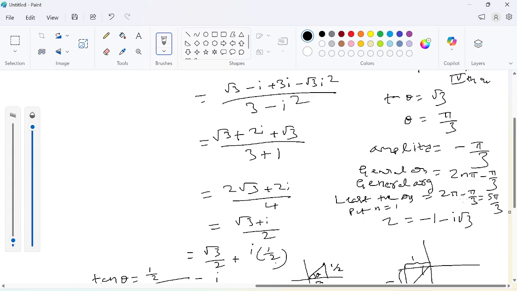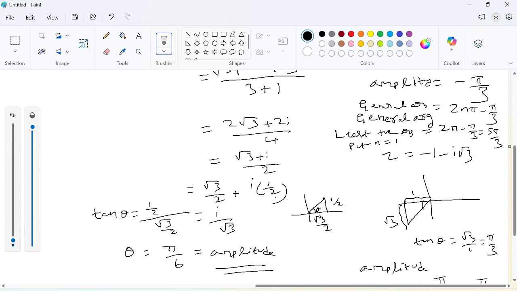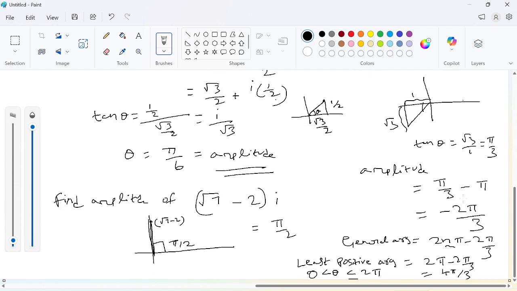Least positive argument means it lies between 0, greater than 0, and less than or equal to 2 pi. So you have to put n equal to 1 in the general argument, and you'll get it. Okay, so this is how we find the amplitude.